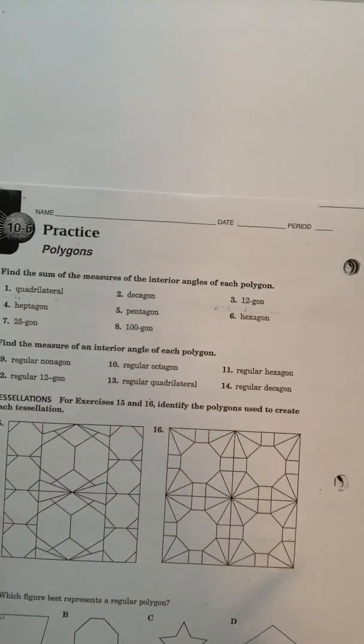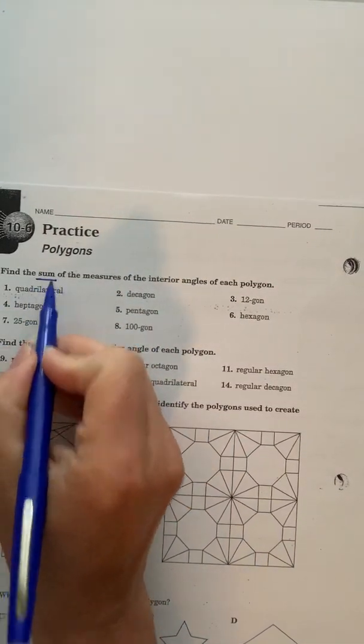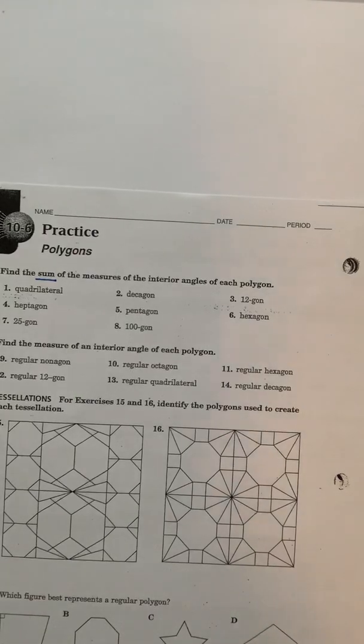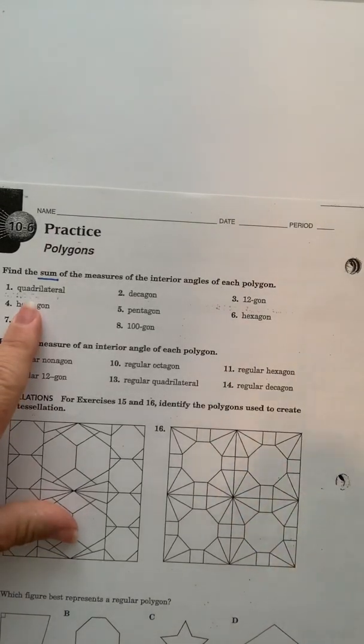So the top part says to find the sum of the measures of the interior angles. So remember from the notes, if you drew triangles from the same vertex through the shape, you would have just two triangles in a quadrilateral.